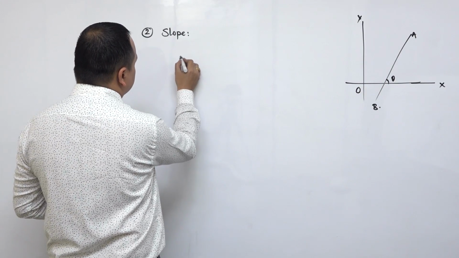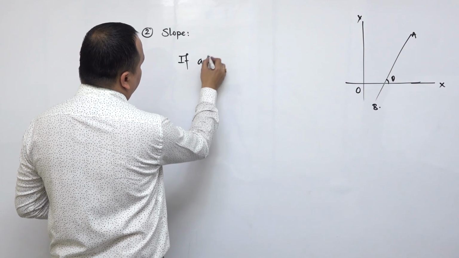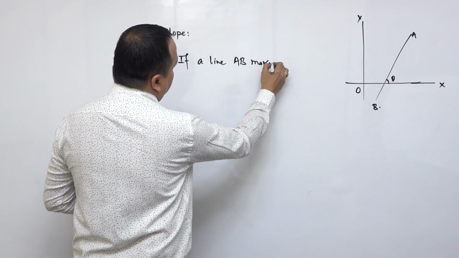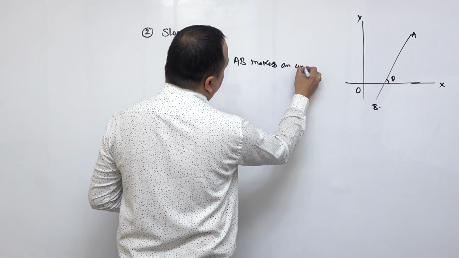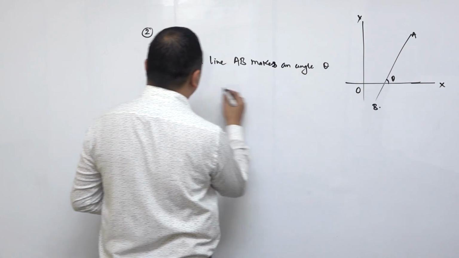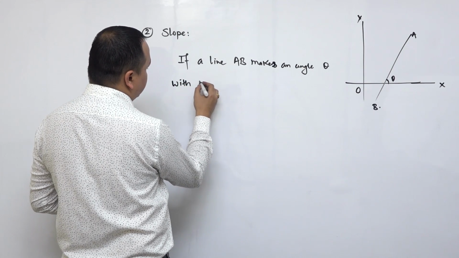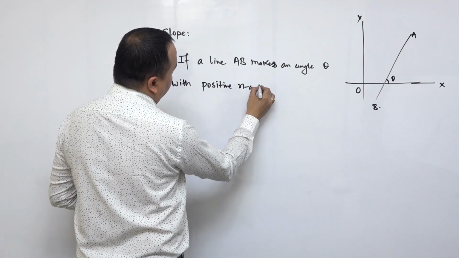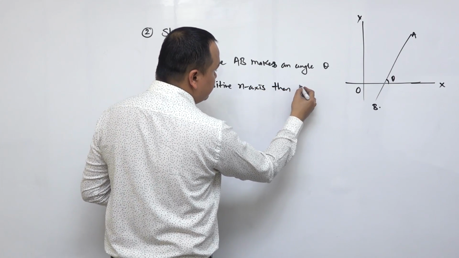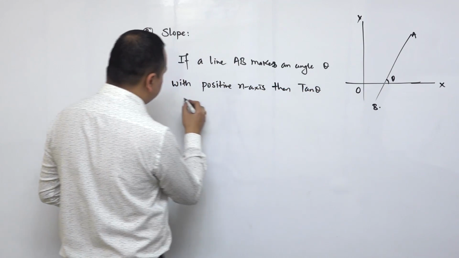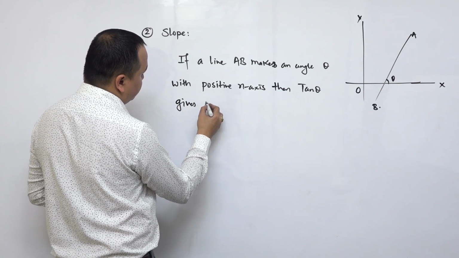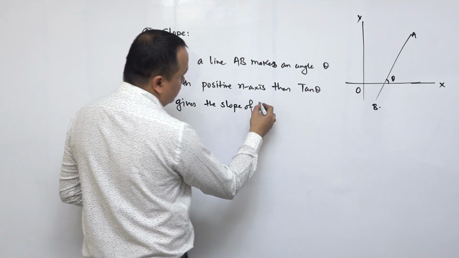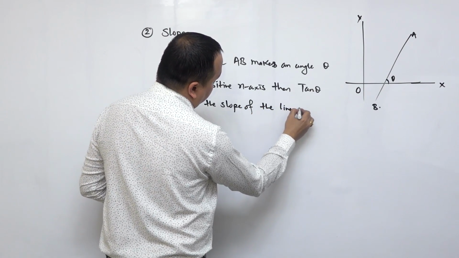If a line AB makes an angle theta with the positive x-axis, then tan theta gives the slope of the line AB.